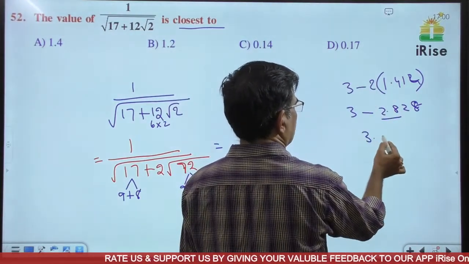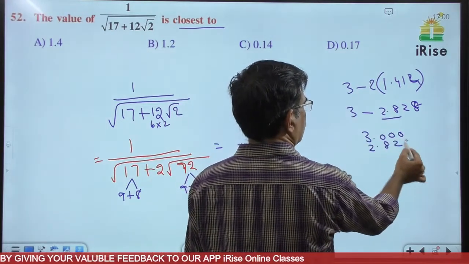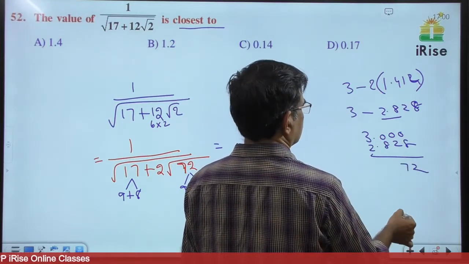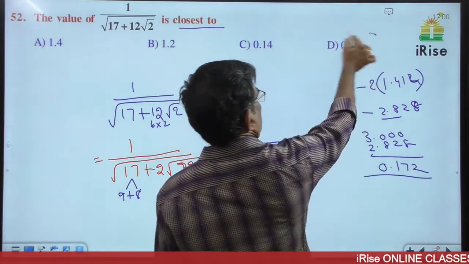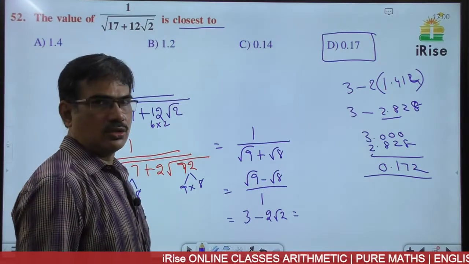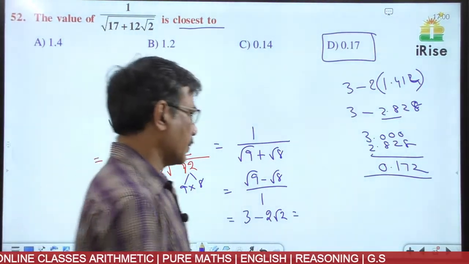Otherwise, if you subtract 3.000 by 2.828, we get 0.172. The answer is 0.17. It is nearer to 0.17. Next.